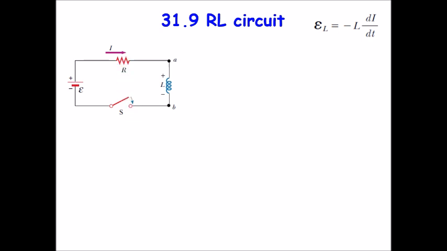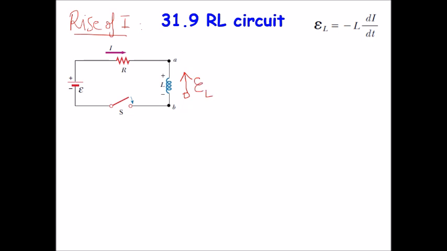What will happen? There is a rise of current. The current increases. When the current is increasing, the EMF opposes the increase of the current, so it's in this direction.